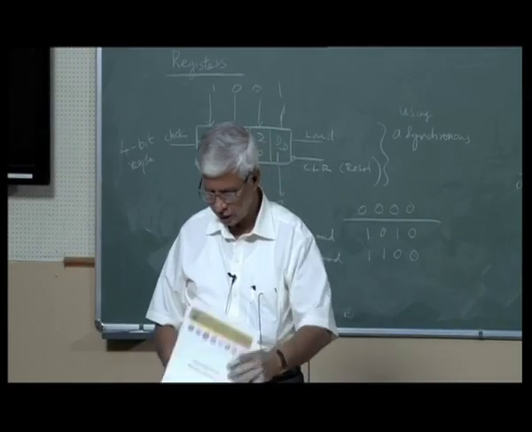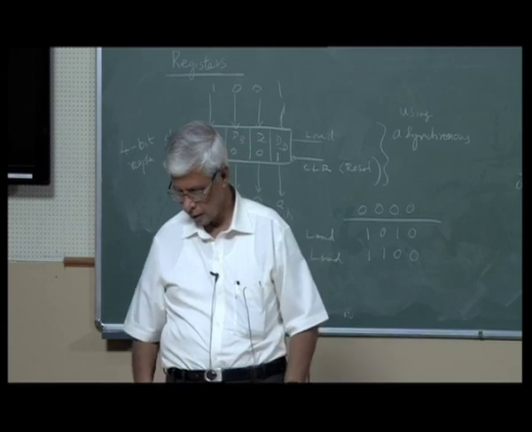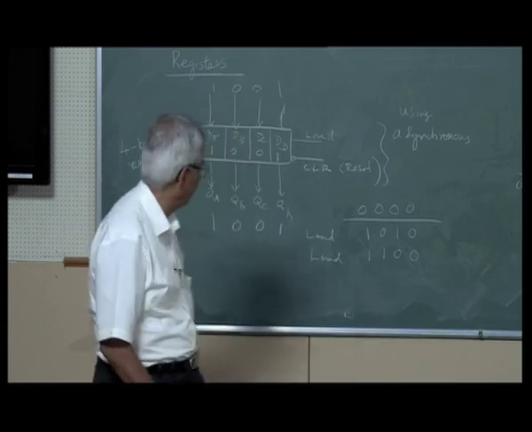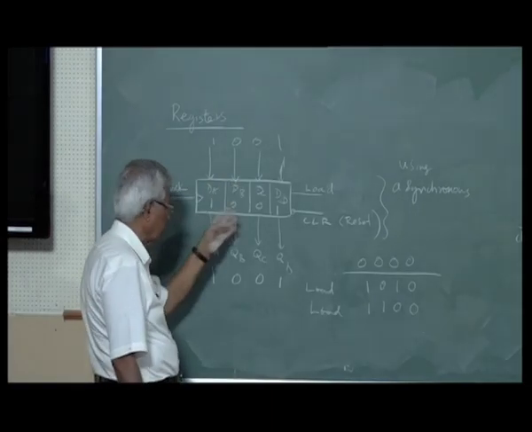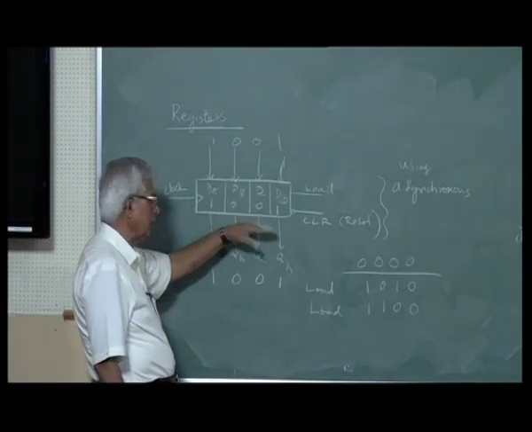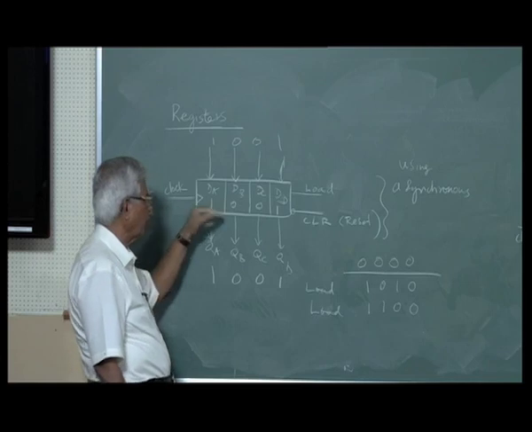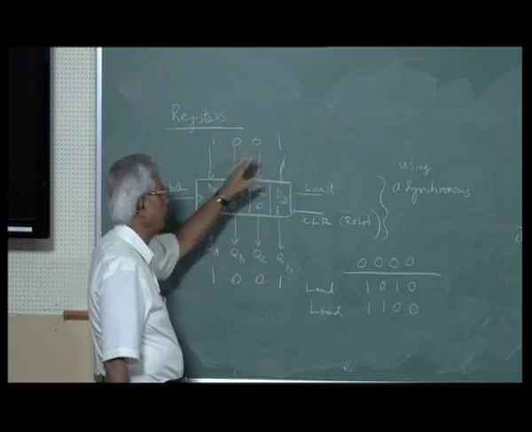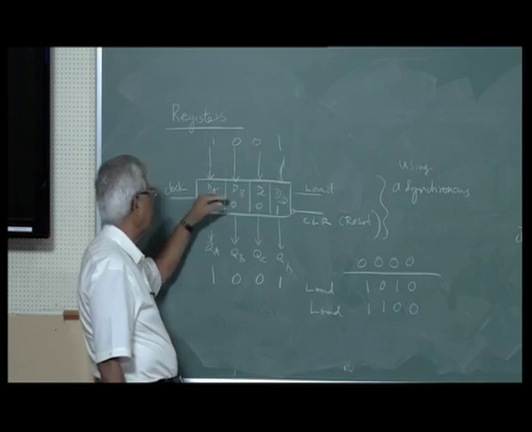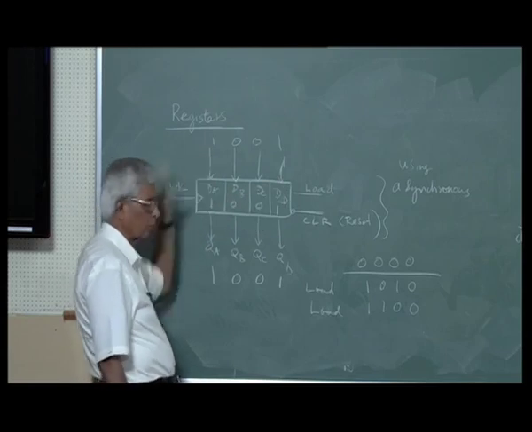I told you what a register is, and a register is nothing but a bunch of flip flops with common clock, inputs and corresponding outputs, that can be cleared. All the flip flops can be cleared at the same time. All the flip flops can be loaded at the same time with the new values you give, and then they will be retained here as long as the clock is there if you don't change the inputs.